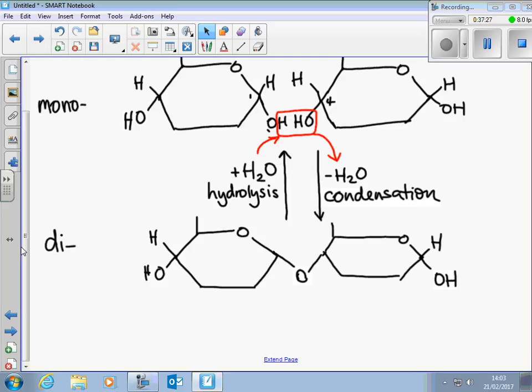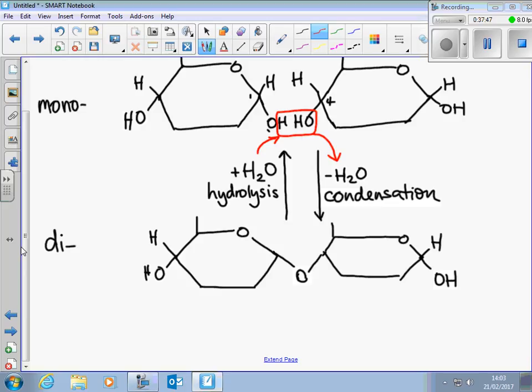Now, where is the glycosidic bond? I used to mark it right on exam papers, and I'm not entirely sure, but just this whole thing here used to be referred to as a glycosidic bond. But actually it's not, because this is the original bond, isn't it?